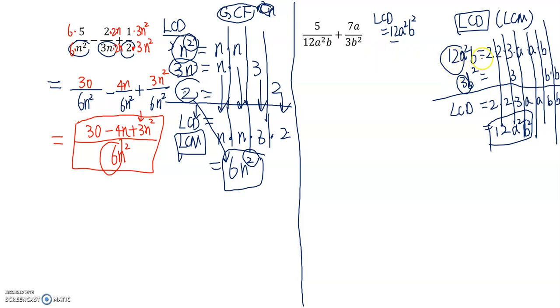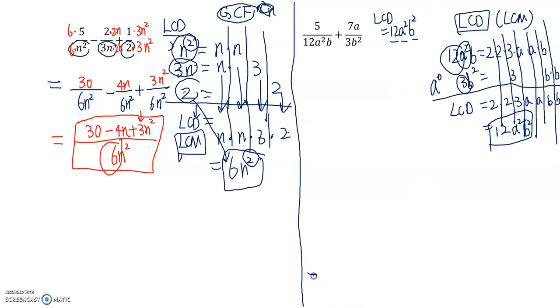For example, a squared, and the other one does not have a, which means a to the 0. Comparing the exponents 2 and 0, we take a squared. Similarly, comparing b and b squared, b squared has the higher exponent. That's just a quick tip without doing all this process.